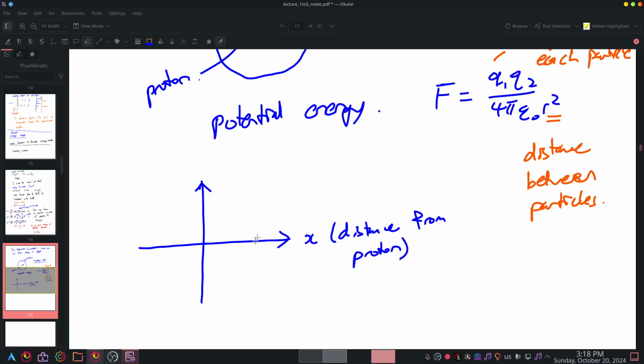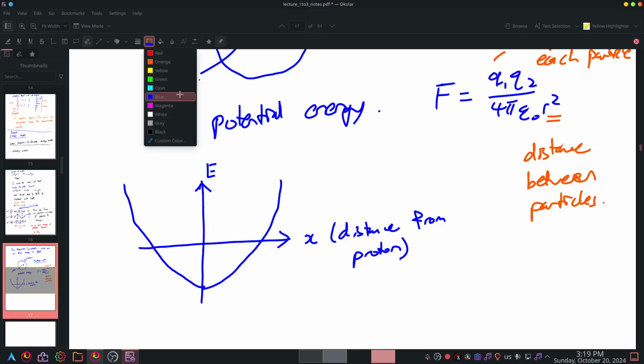We will have maximum potential energy far away from the proton, and let's call this the energy. Maximum potential energy is far away from the proton, and is a minimum closest to the proton. And then it's the same for the other side, it's symmetrical. So this idea I hope is not too difficult.